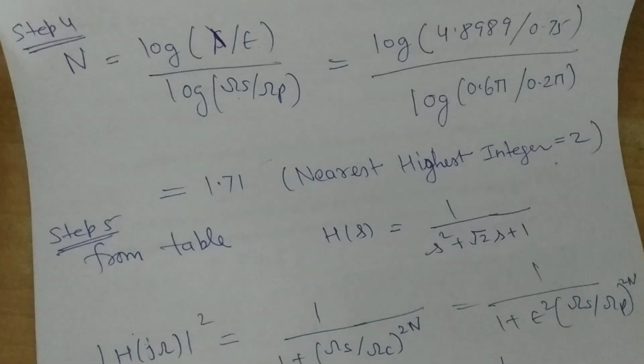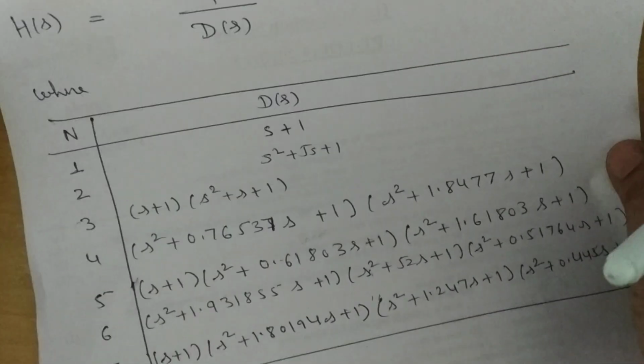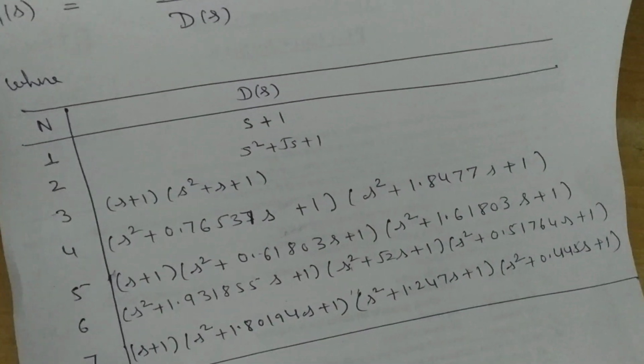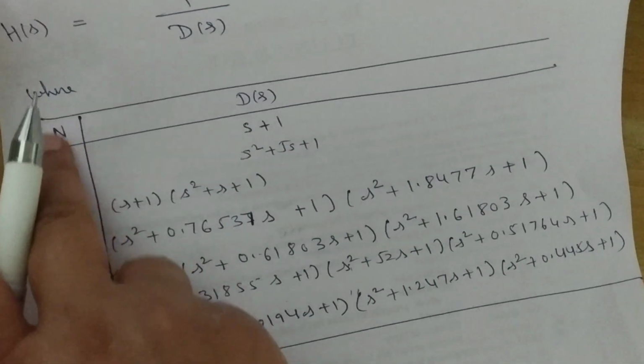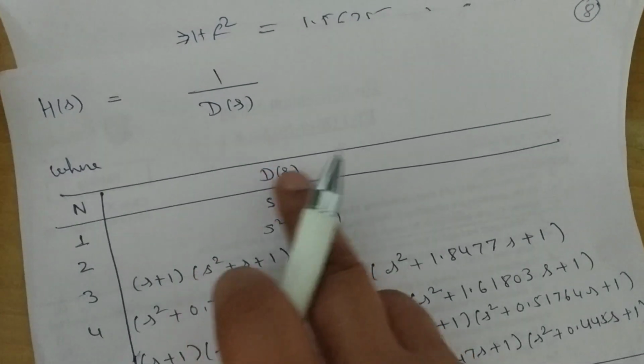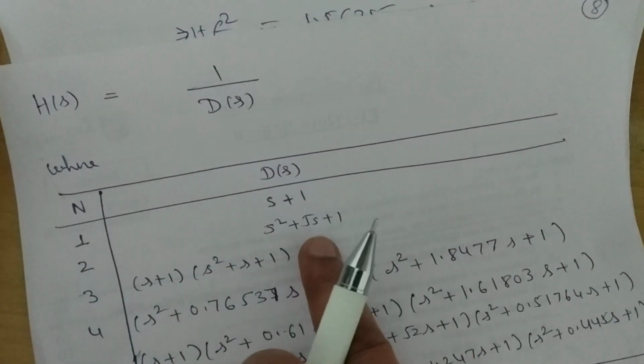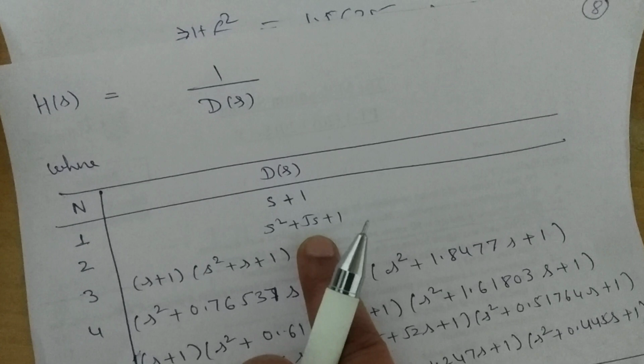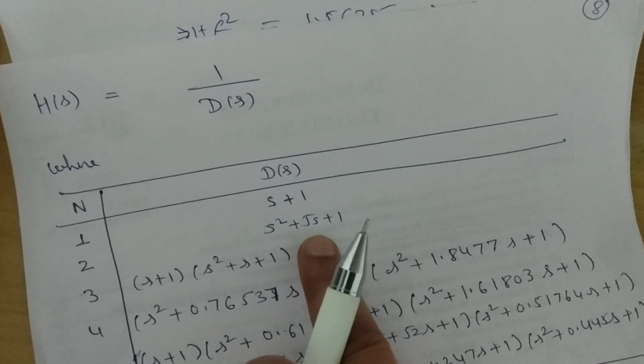Now, when you get the idea about the order of the filter, you use the table that will also be provided in the examination. These are the orders of the filter and these are the denominator polynomials corresponding to that order for the Butterworth normalized response.